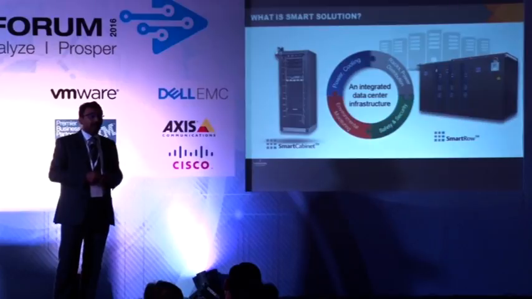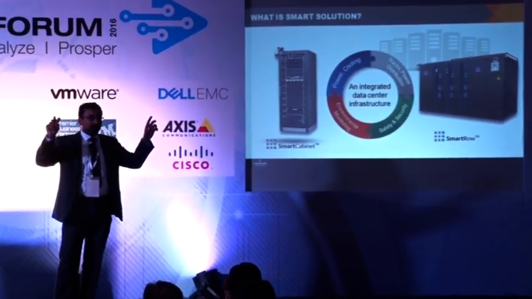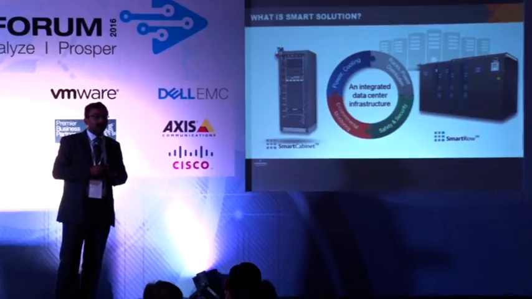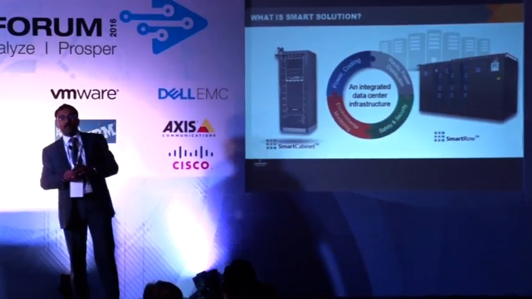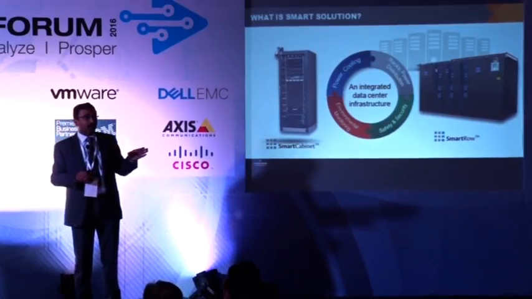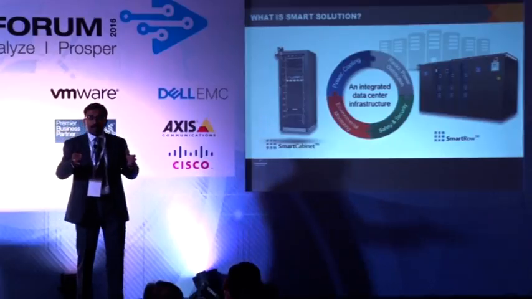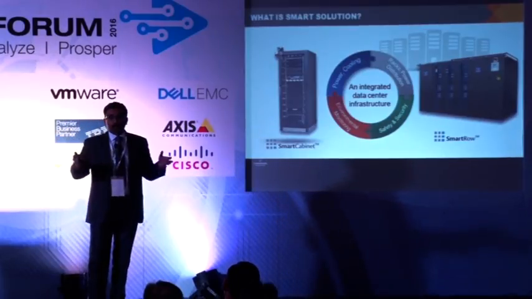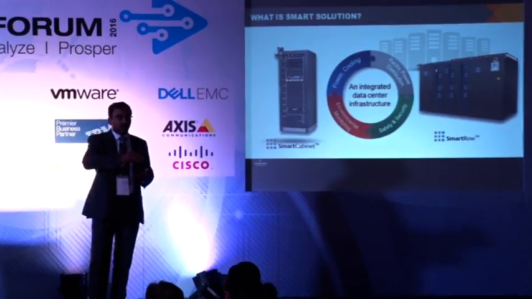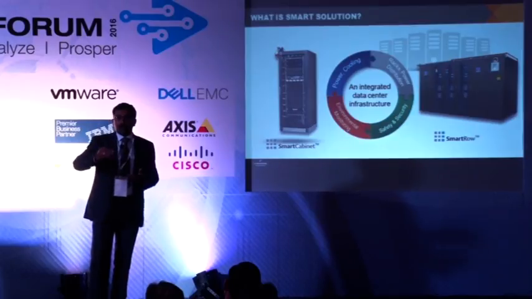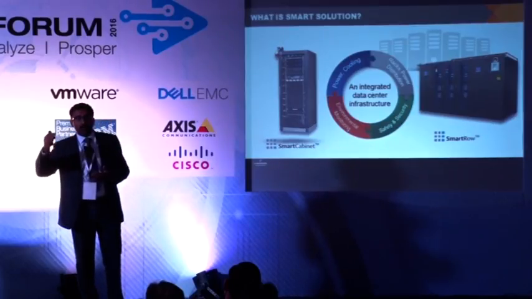Comfort AC, perfectly right. Typical split AC, wall mounted kind of ACs have been put, and let me tell you, they were perfectly fine when the IT loads were in the range of around 1.5 or 2 kilowatt per rack. But with virtualization coming in, with blade servers coming in, and a lot of other storage devices, the per rack load is gradually moving from 1.5 kilowatt to 3 kilowatt, 4 kilowatt, 4.5, 5 kilowatt.